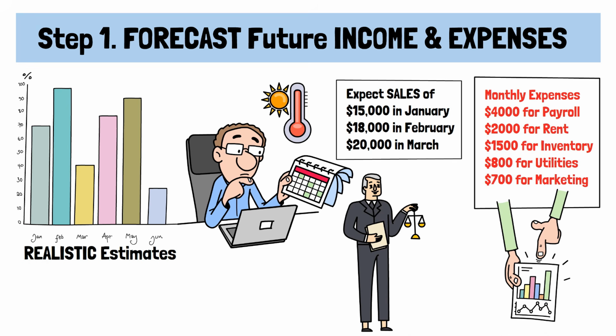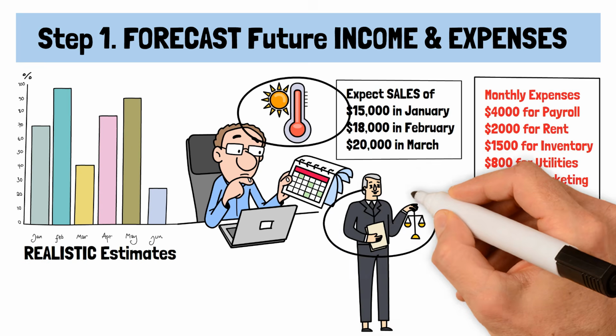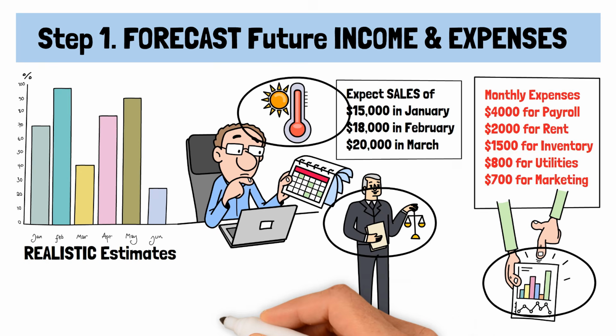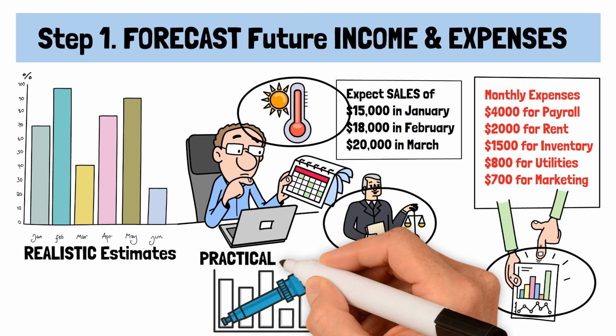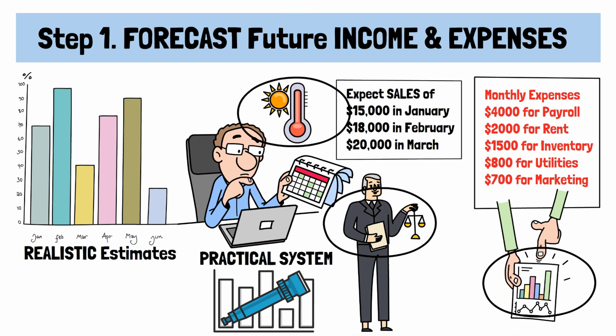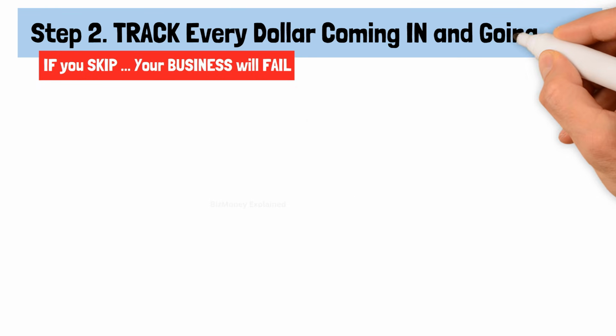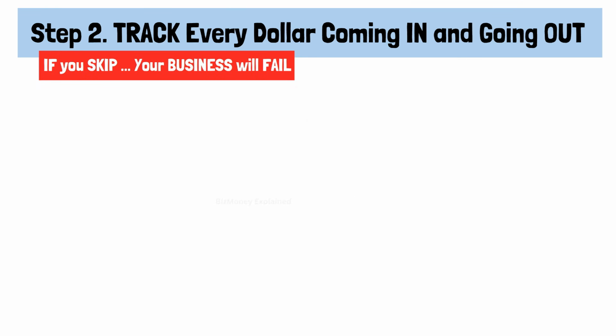Businesses that forecast regularly are often better prepared for unexpected situations because they have already considered multiple possibilities. Forecasting transforms financial planning from guesswork into a practical system that supports better decision-making and creates greater confidence about the future.